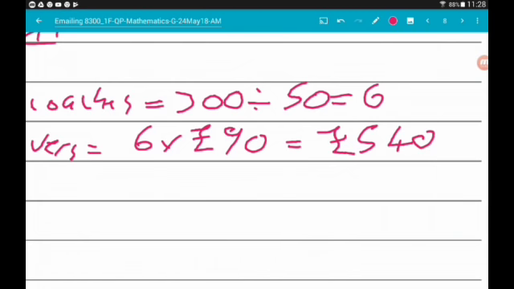We can now work out the total cost to the company. Running out of room.